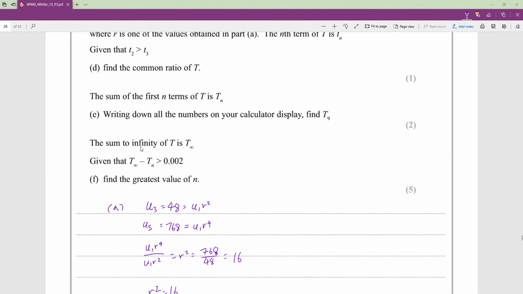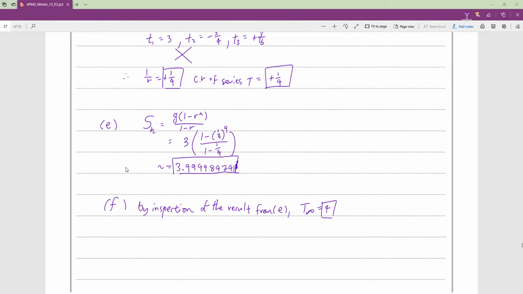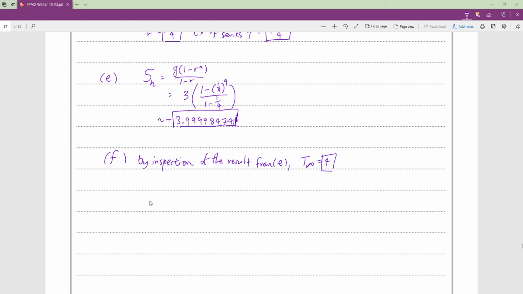What we can do is actually express both of these algebraically. So for example, g over 1 minus r minus g times 1 minus r to the n over 1 minus r, this being T infinity, this being Tn, is greater than 0.002.